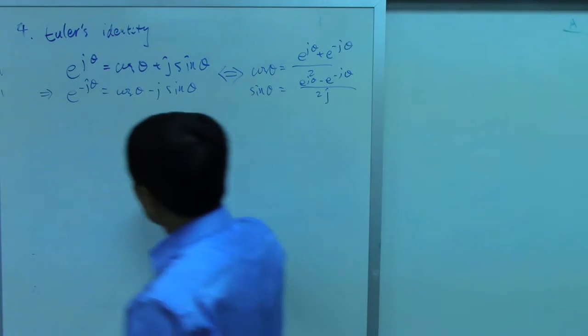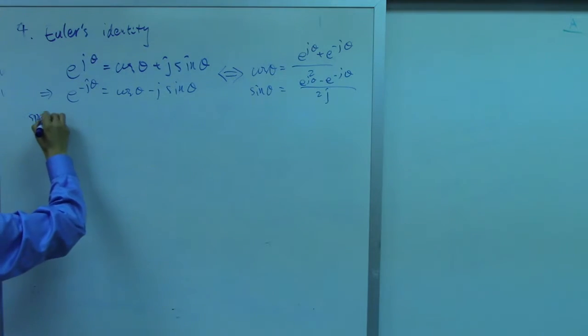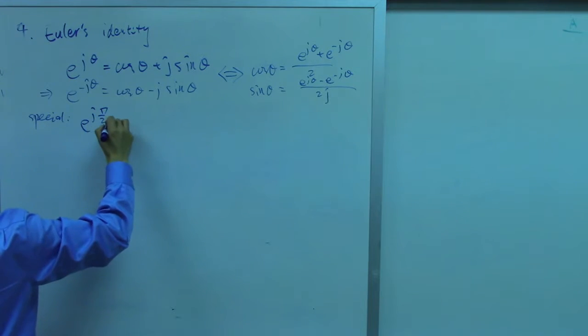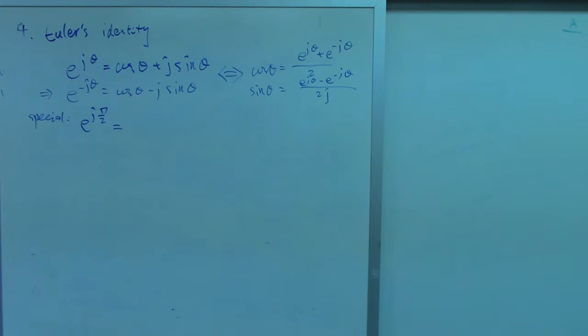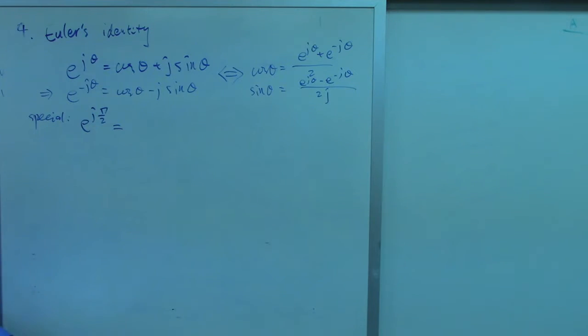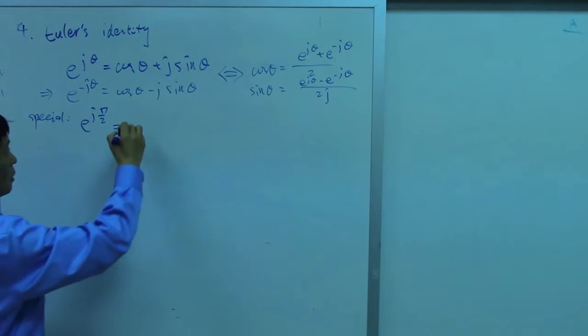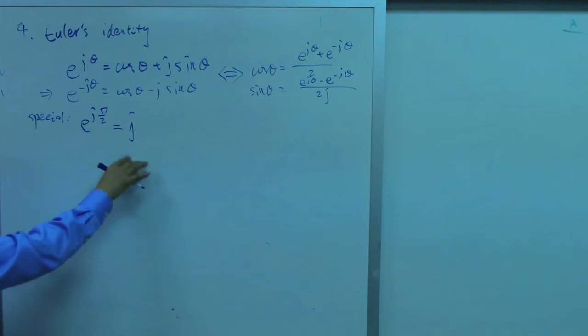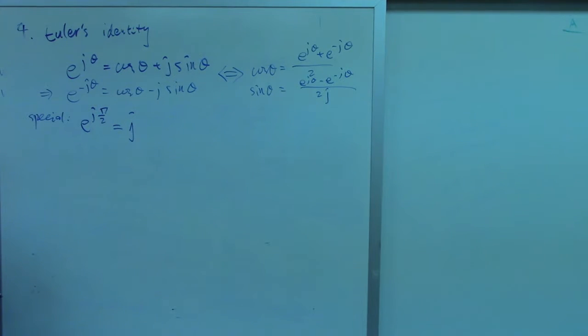In a special case, e to the j 90 degrees. What is this? Cosine 90 degrees equals 0, and sin 90 degrees equals 1. So this one just equals j. Why is this useful?